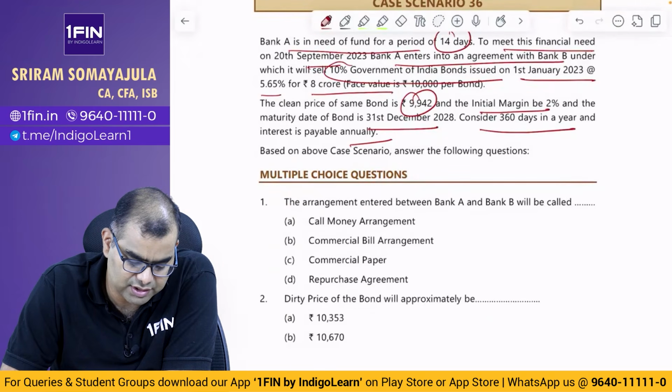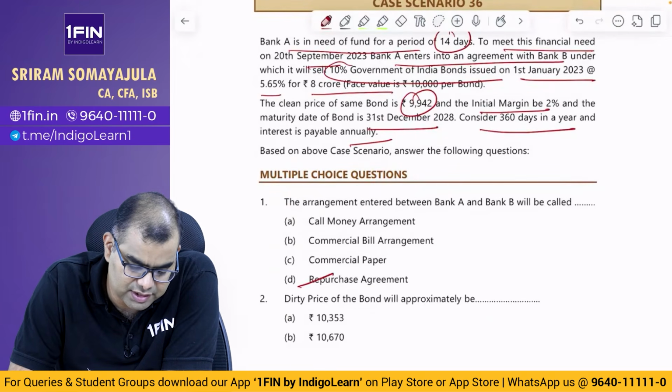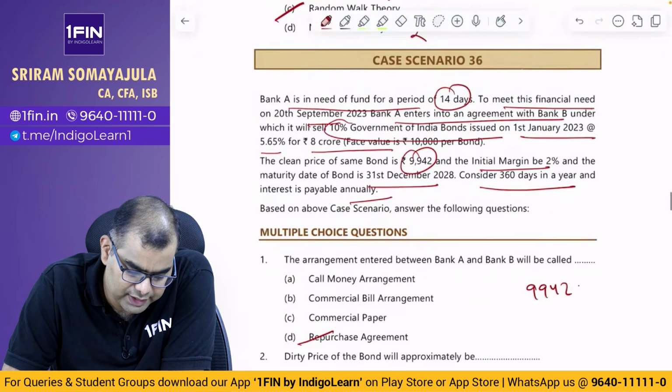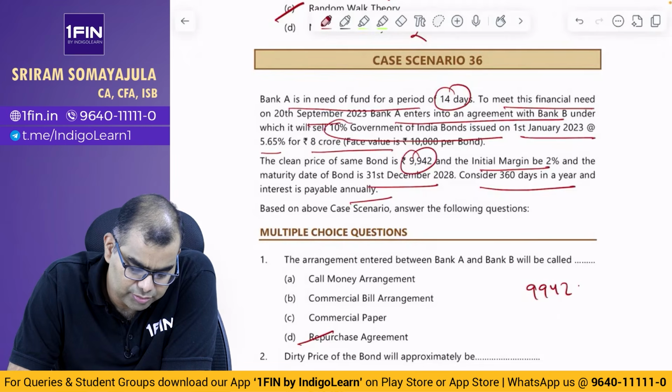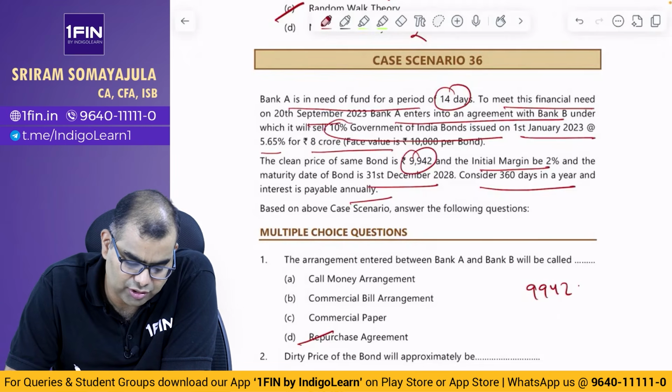And what is the arrangement? It's a repurchase. The clean price is 9942. And what is the dirty price? Including interest. To meet this on 20th September, you have to accrue interest.